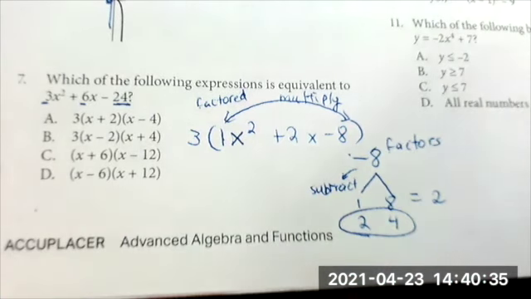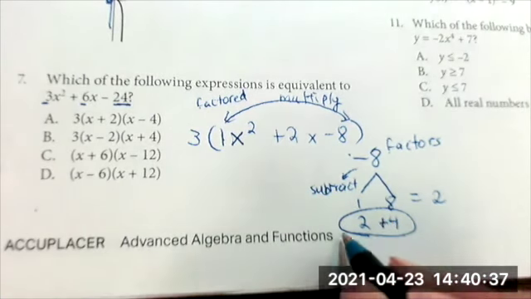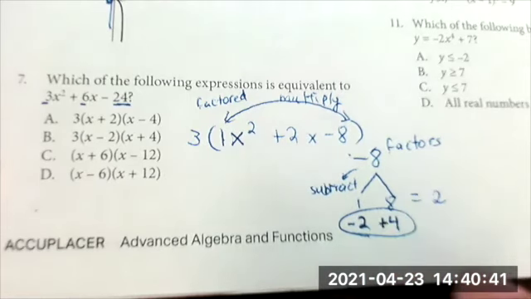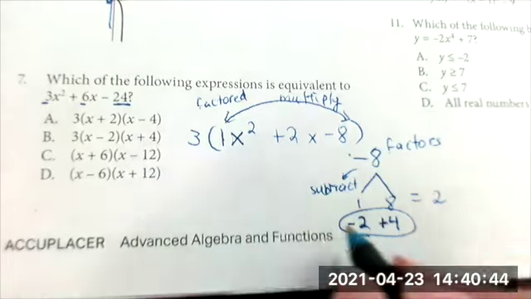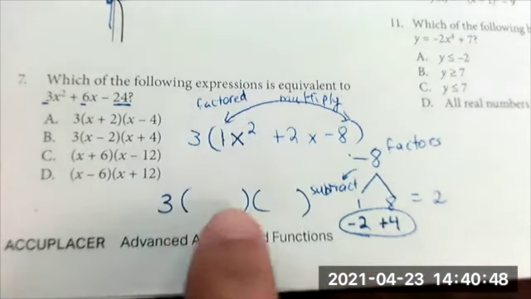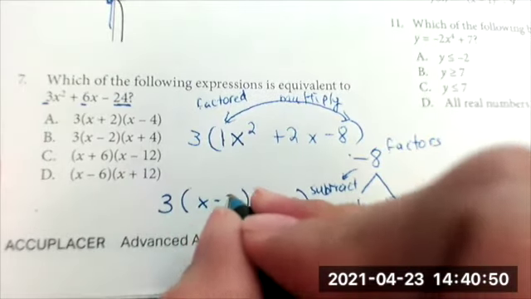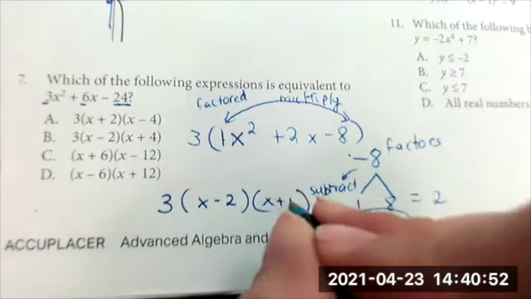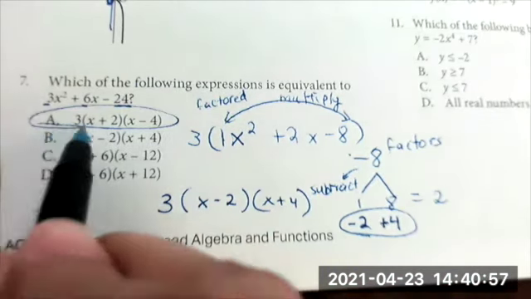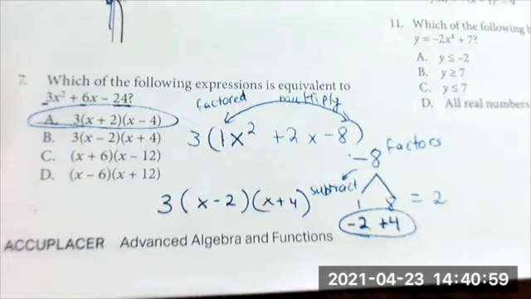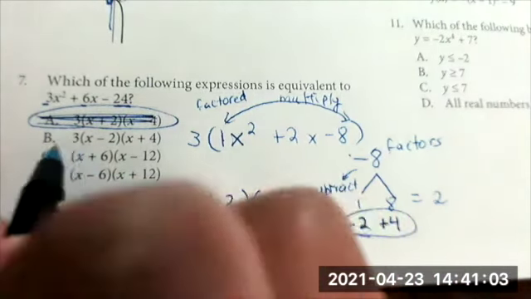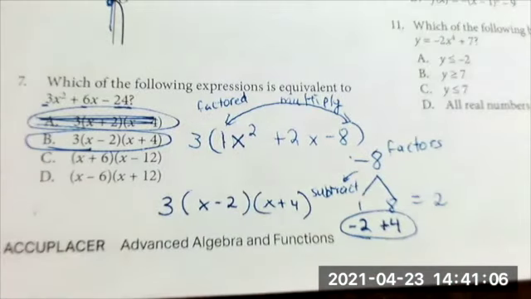So therefore, positive 4, negative 2 is going to be my factors. So 3, and then you open 2 sets, x minus 2, x plus 4. Therefore, your answer is actually A. Okay. Actually, no, sorry. It's B. My bad, guys.